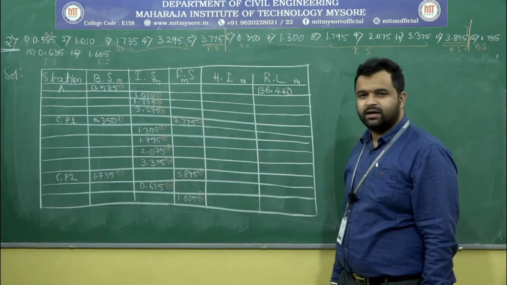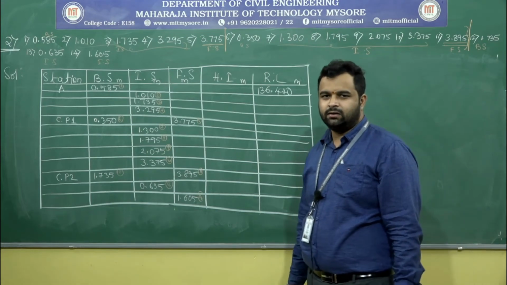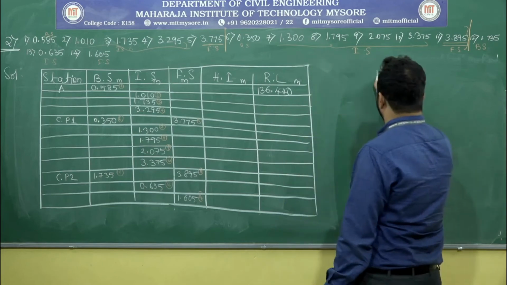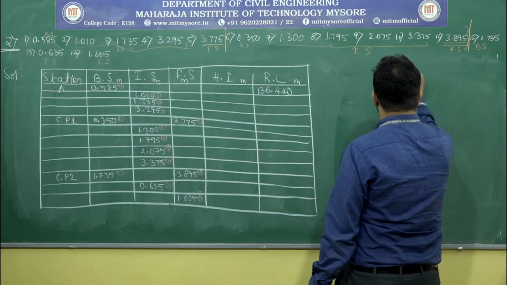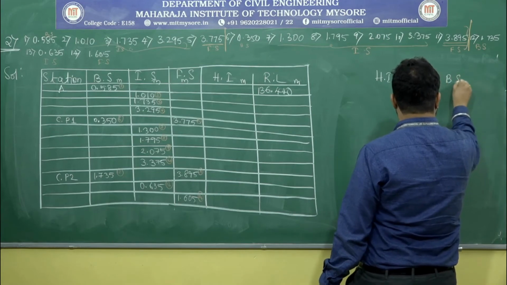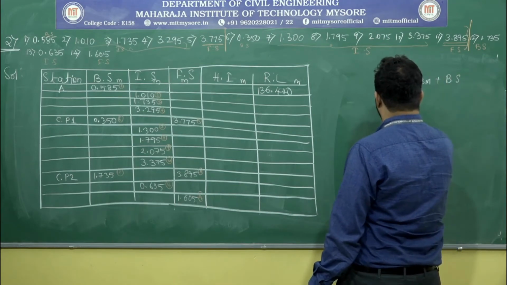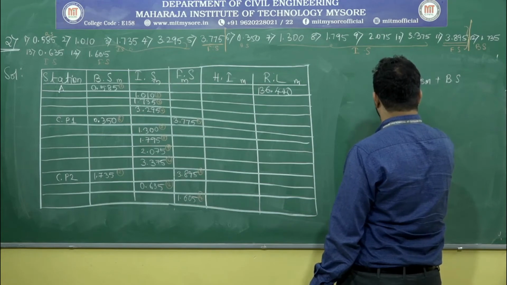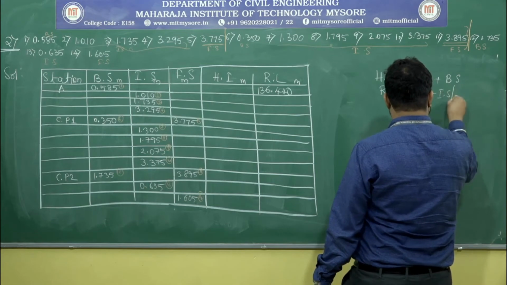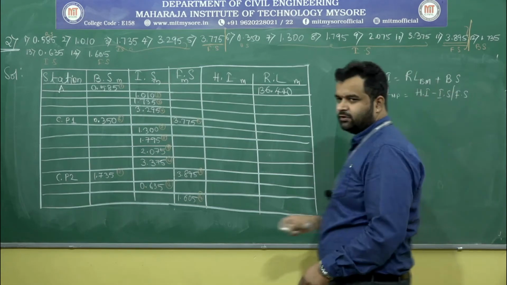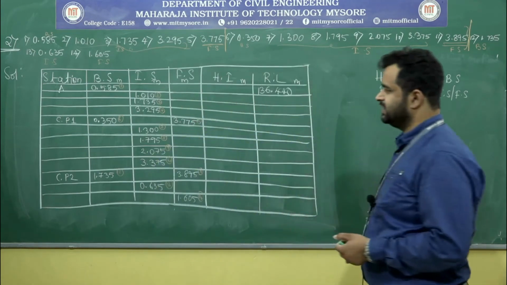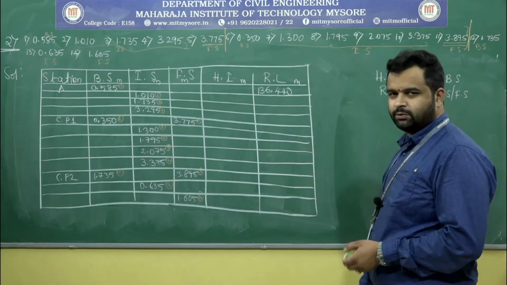Okay, now to calculate HI and RL, what is the formula we have? HI is equal to RL of benchmark or first point plus backside, and RL of next point is equal to HI minus IS or FS. This is the formula which we are having. So by using these two formulas we can easily calculate the RLs of the next point.